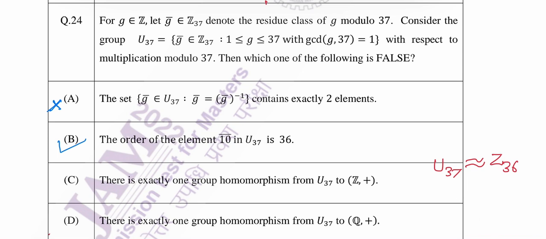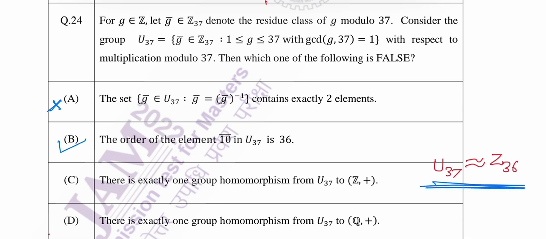Now I again use the same relation. There is a homomorphism, and we have to check the homomorphisms from U37 to Z plus.